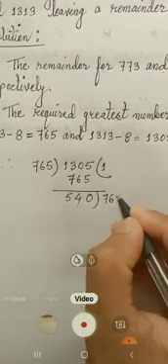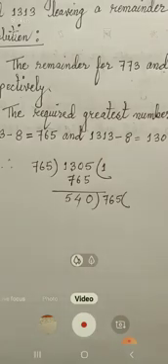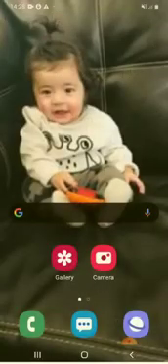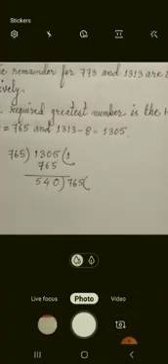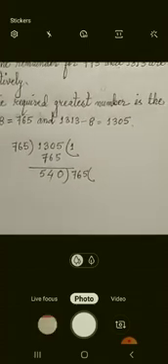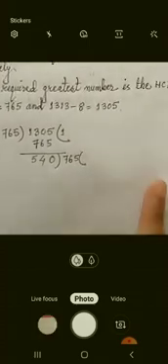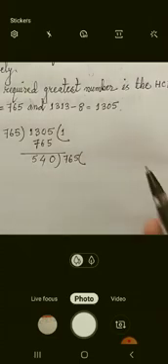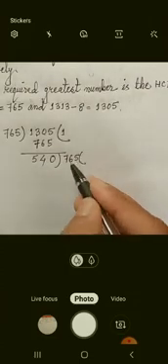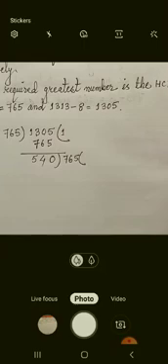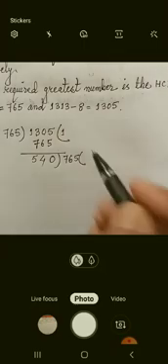Now how many times can we divide 765 by 540?